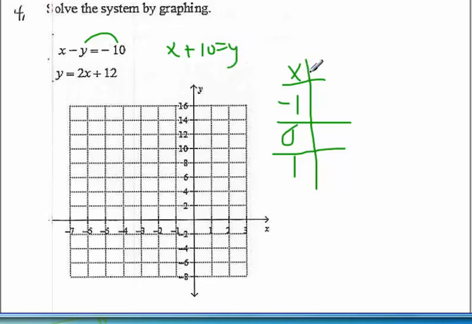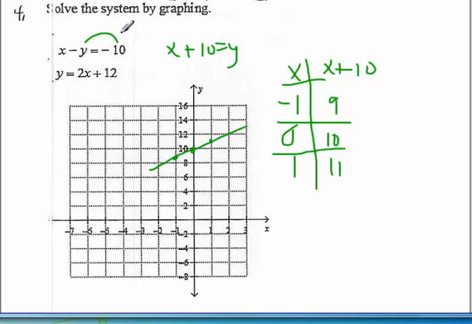So I'm going to plug it into x plus 10. -1 plus 10 is 9, 0 plus 10 is 10, 1 plus 10 is 11. That's easy peasy. So I go from -1 up to 9, from 0 to 10, and from 1 to 11. So the line's kind of right there.